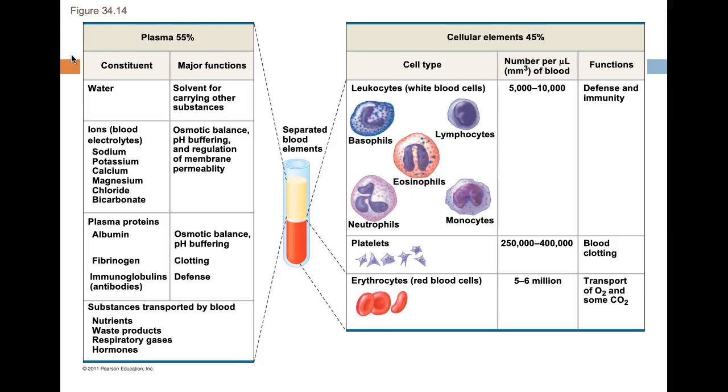Now, looking on the right-hand side, the rest of our blood is actual cells, and that again is about 45%. There are 5 different kinds of white blood cells in our blood. One I want to focus on is lymphocytes, the cells that give rise to B and T cells.